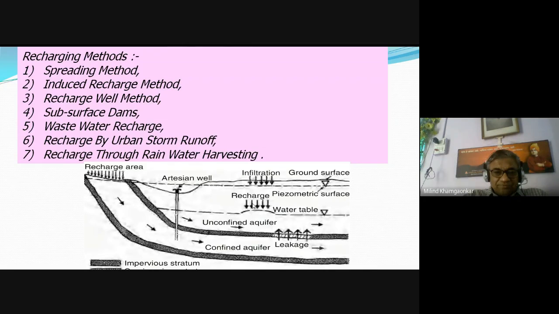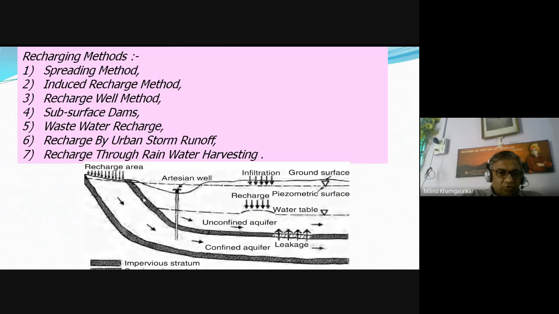understand you that again this is the ground surface at the top, precipitation occurs, some water infiltrates to the unconfined aquifer, and the water in the unconfined aquifer increases in the form of a rise in the water table, the groundwater table.